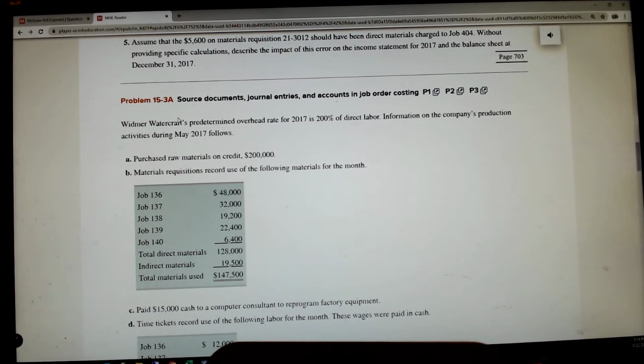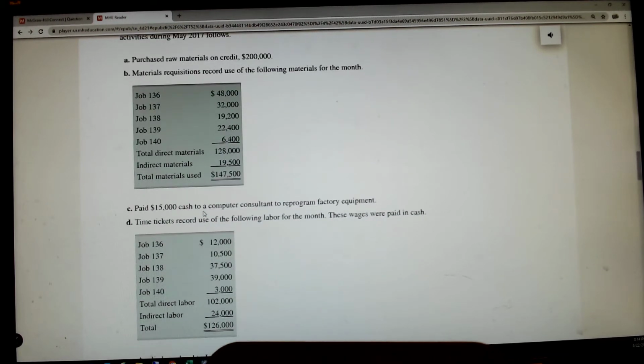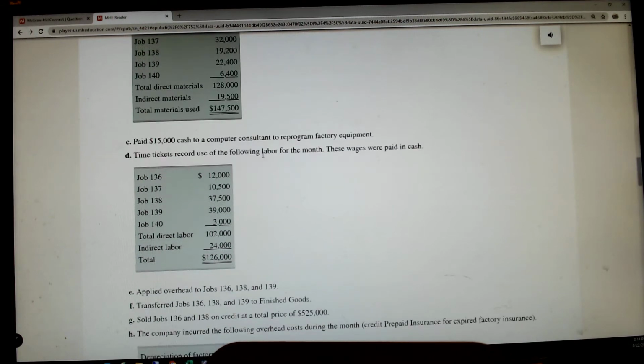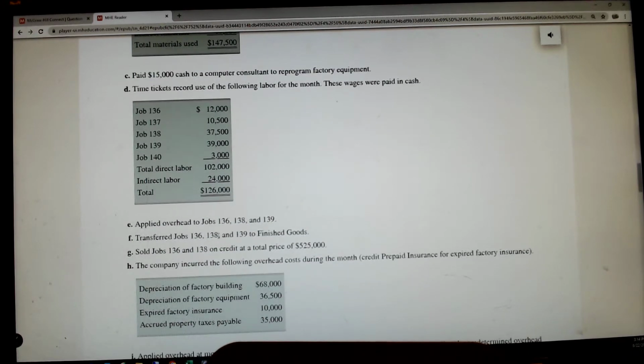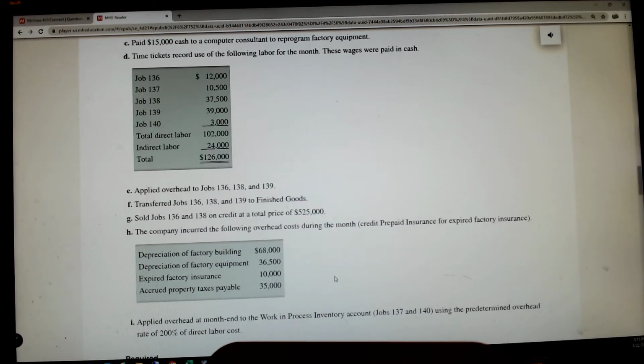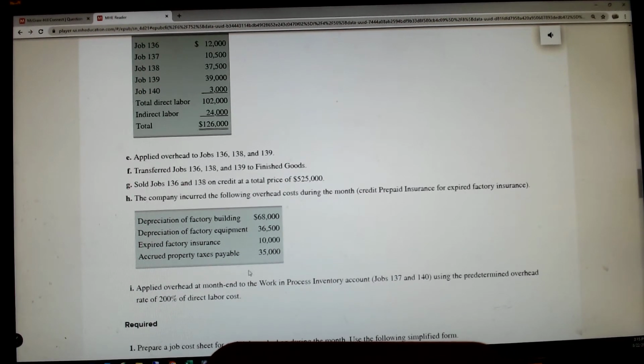They go through and tell us what materials were purchased on credit, the requisitions show, paid $15,000 to a computer consultant to reprogram the factory equipment. Time cards show how much labor was incurred. We're going to apply overhead, transfer jobs, sell jobs, incur certain costs, and then apply overhead to various jobs.